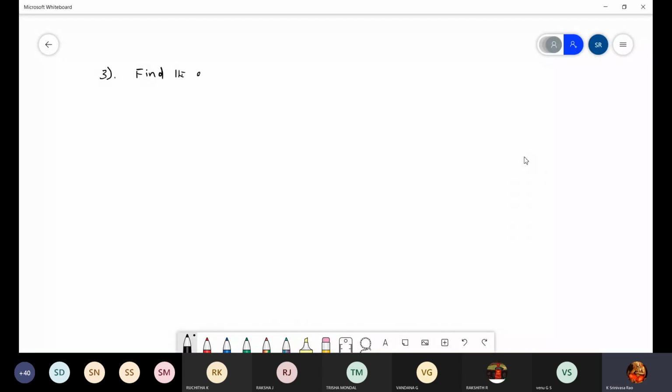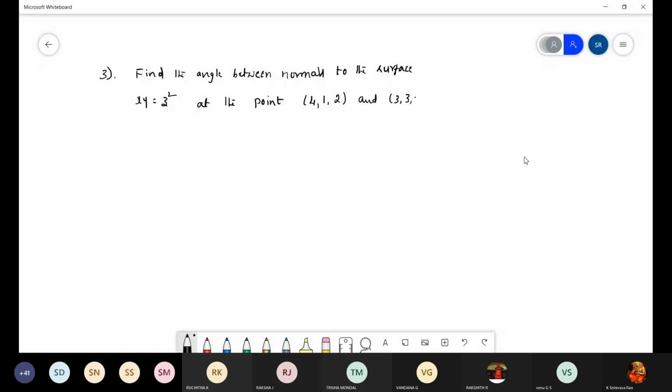Find the angle between normals to the surface xy equals z square at the points (4, 1, 2) and (3, -3, -3).